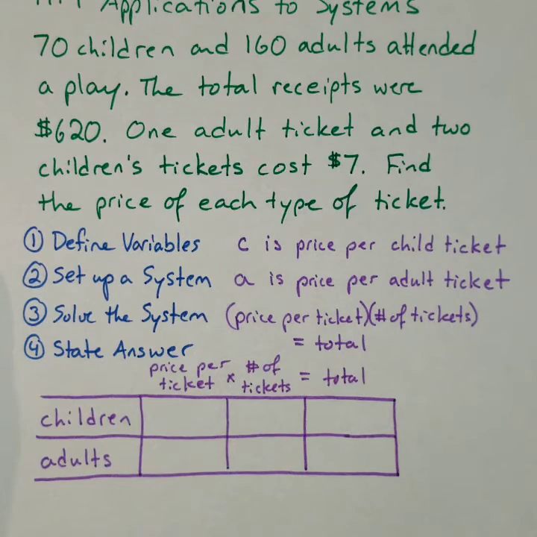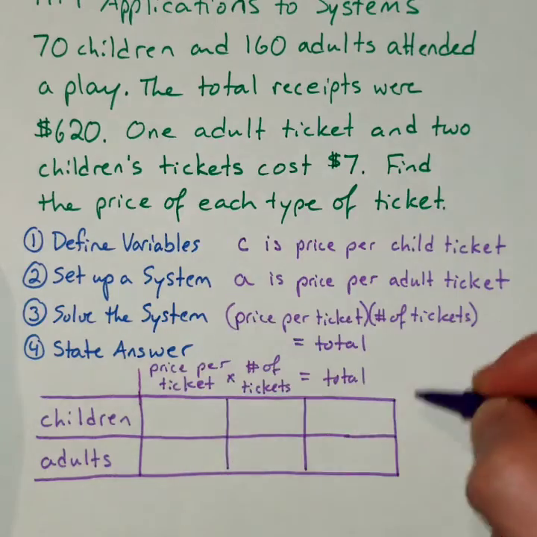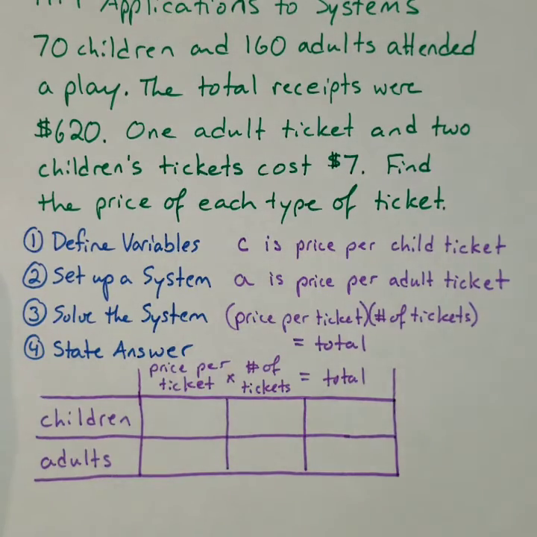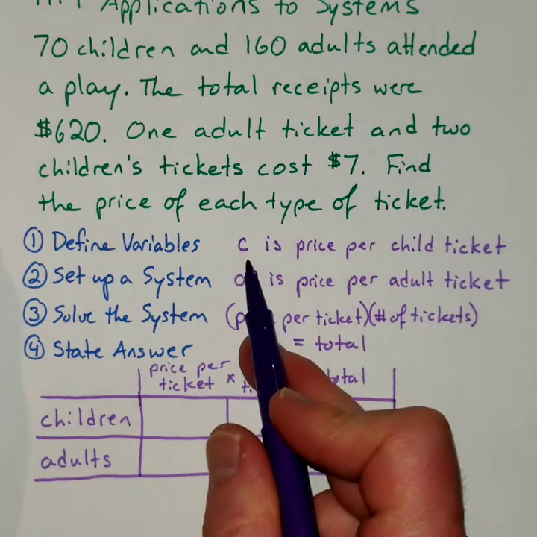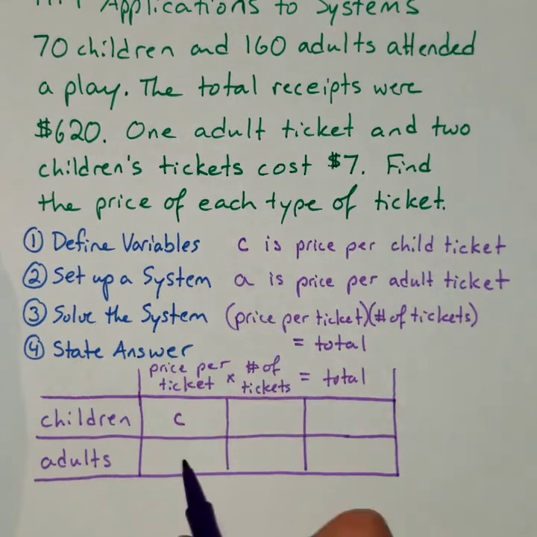Okay. So now, the price per ticket for the children, we just said, is C, and the price per ticket for the adults is A. Those are the two things we don't know.